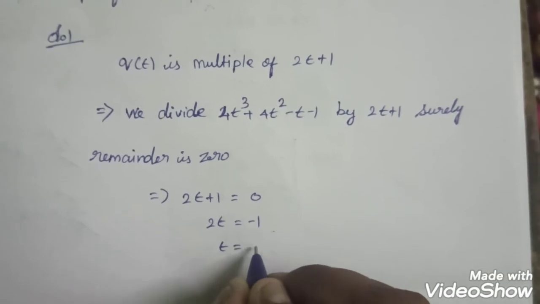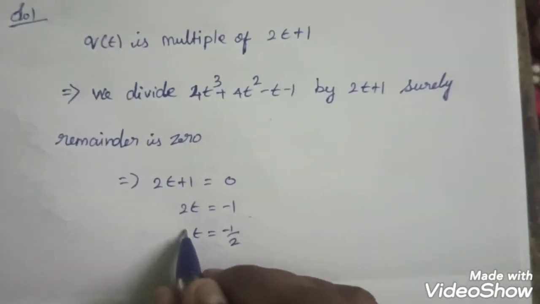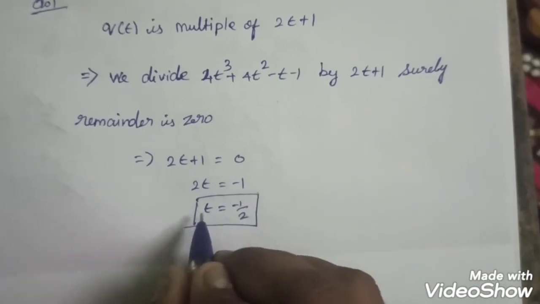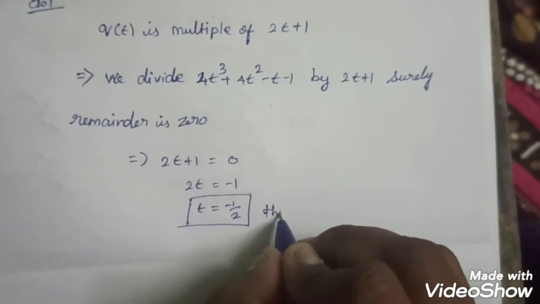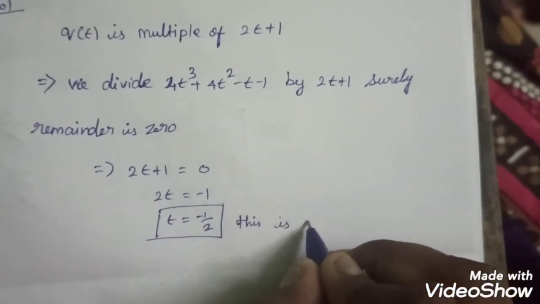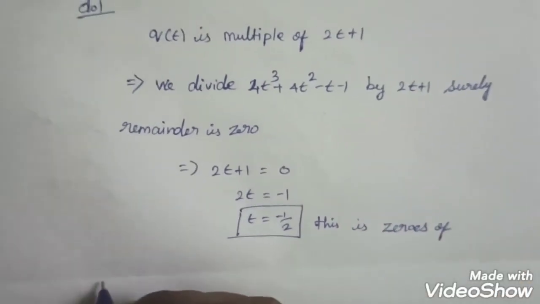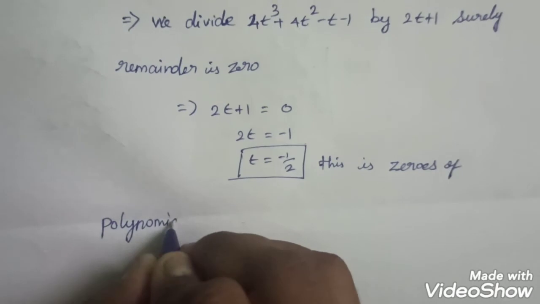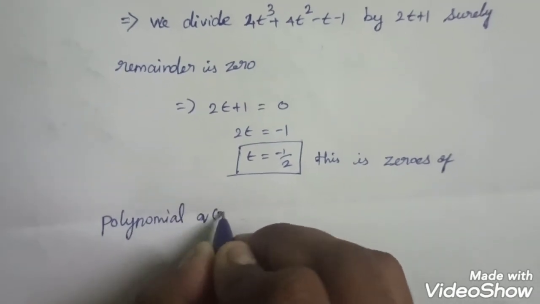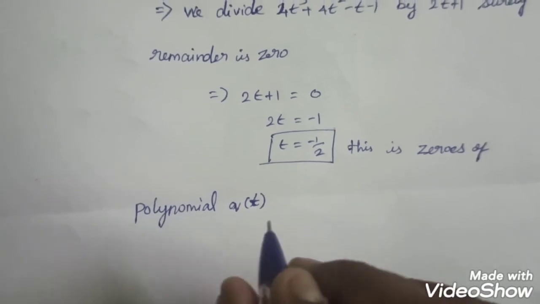So t equal to minus 1 by 2. t equal to minus 1 by 2. This is the zero of the polynomial q of t.